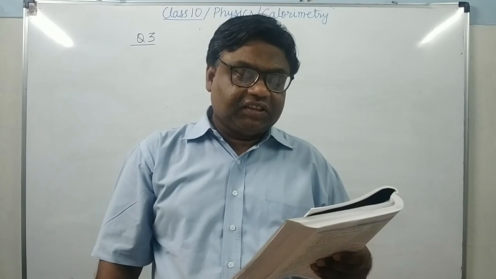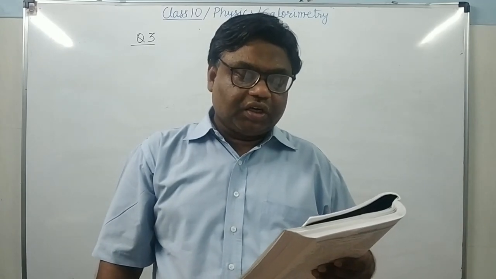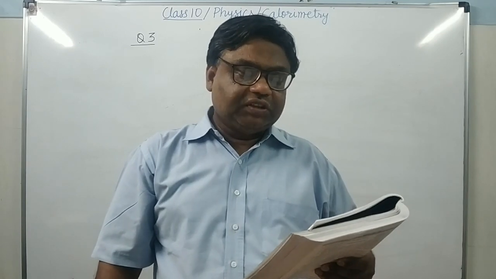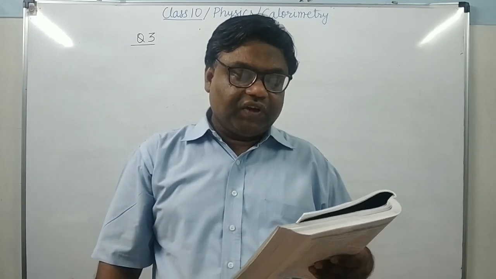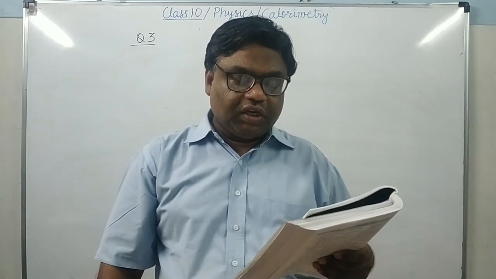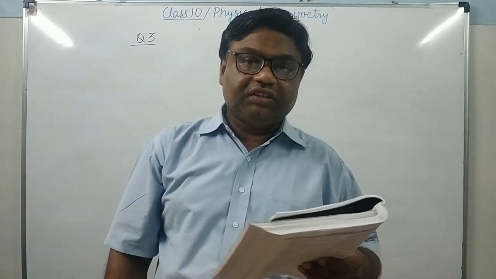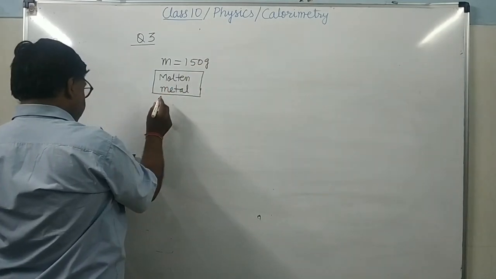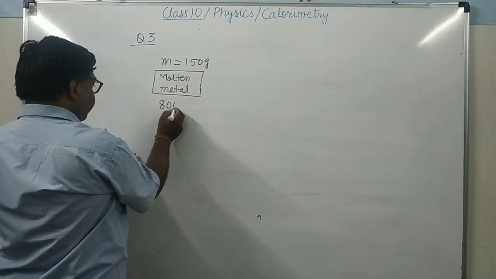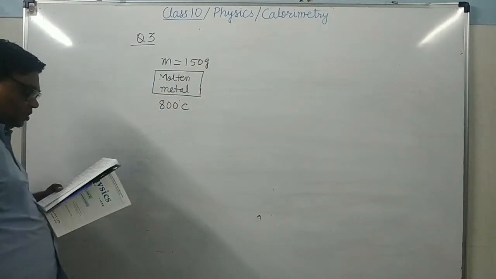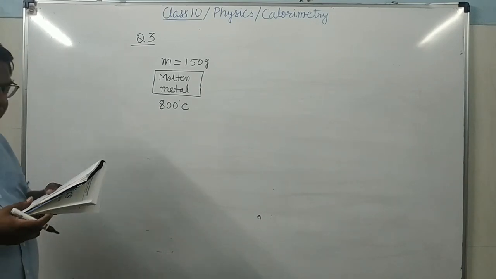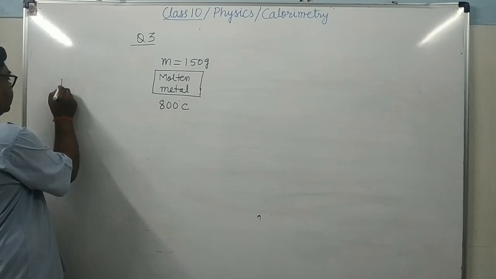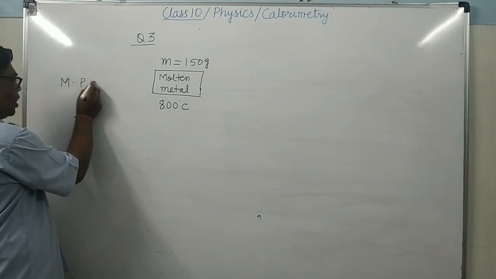If the SHC of the metal is 200 joule per kg per Kelvin, how much additional heat energy will the metal give out in cooling to minus... 150 gram? And its temperature is given 800 degrees Celsius, when it is at its melting point, 800 degrees Celsius. Its melting point is also 800 degrees Celsius.